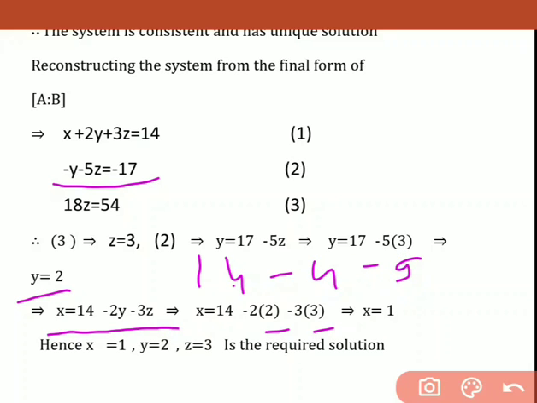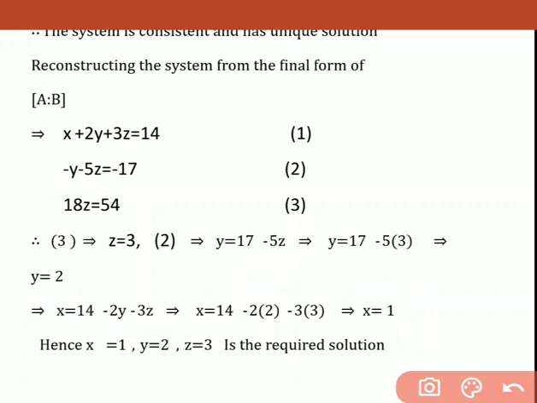So 14 minus 4 is 10, 10 minus 9 is equal to 1. So x is equal to 1. Like this you get the values x equals 1, y equals 2 and z equals 3, which is the required solution of this non-homogeneous system of equations.